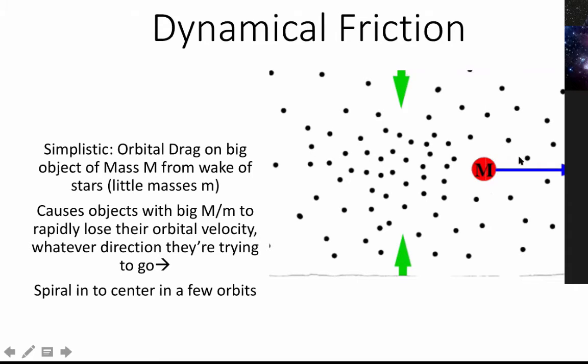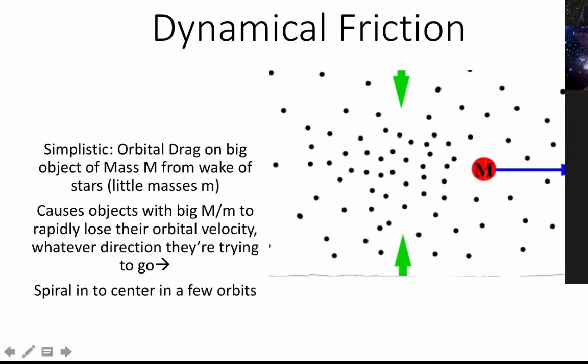So if it's moving in this direction here, the wake is a region behind it of higher density. It's called gravitational focusing, but you know that. These stars have had their orbits piled up to where there's a higher density of them behind the big mass, because the big mass altered their orbits, compared with the density initially in front.